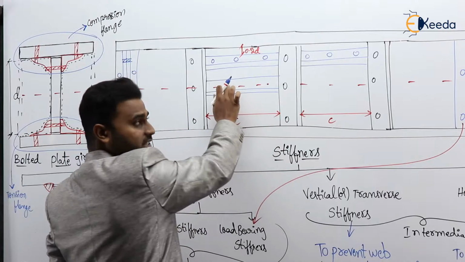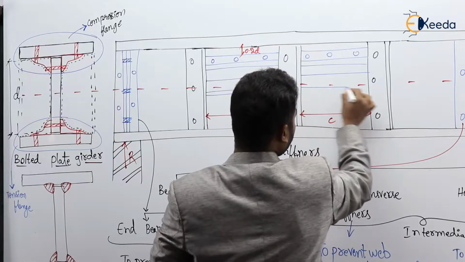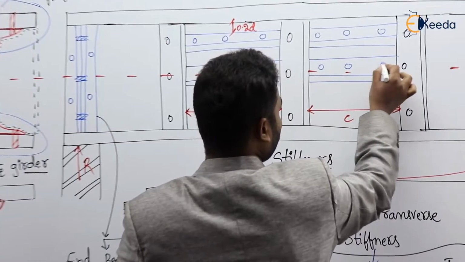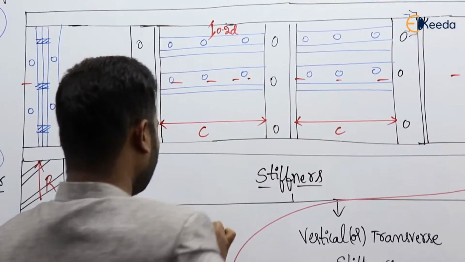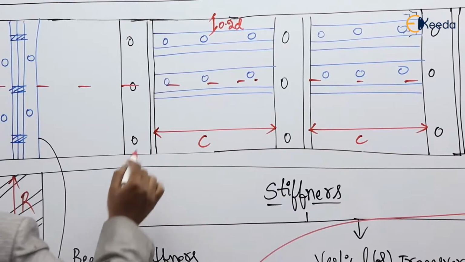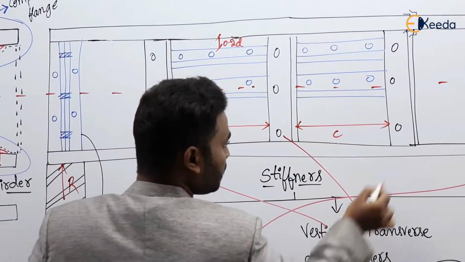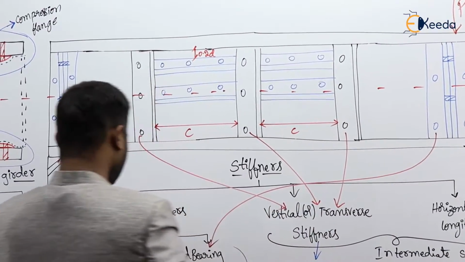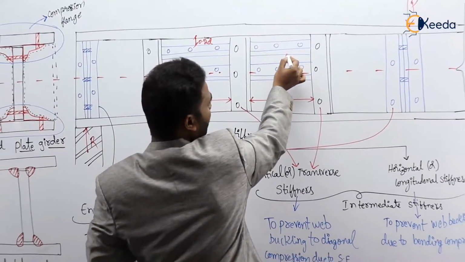These are the angle sections. All these are angle sections. If you want to see here, all these are vertical stiffeners. Clear? And all these are horizontal stiffeners.